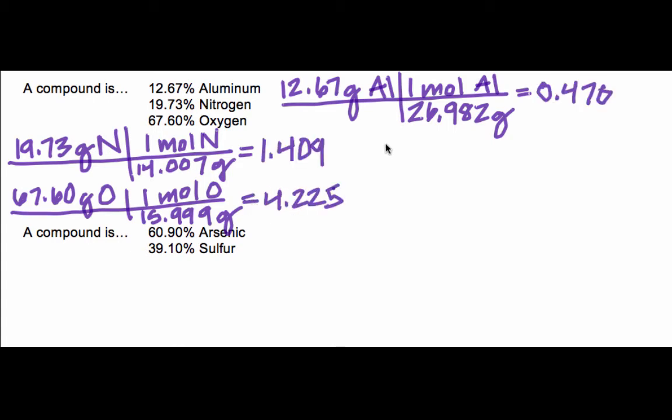Now determine which of these numbers is the smallest. You're going to divide all of the numbers by that one. So aluminum's number is 0.470, so we'll divide everything by that.